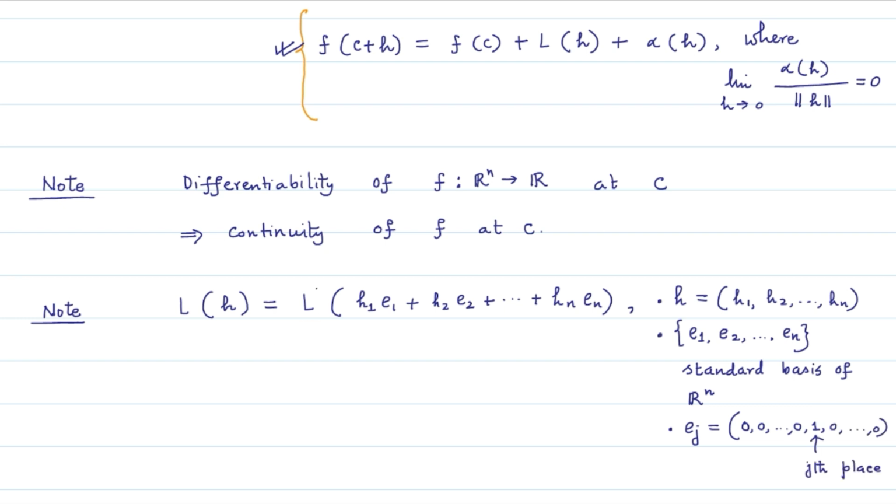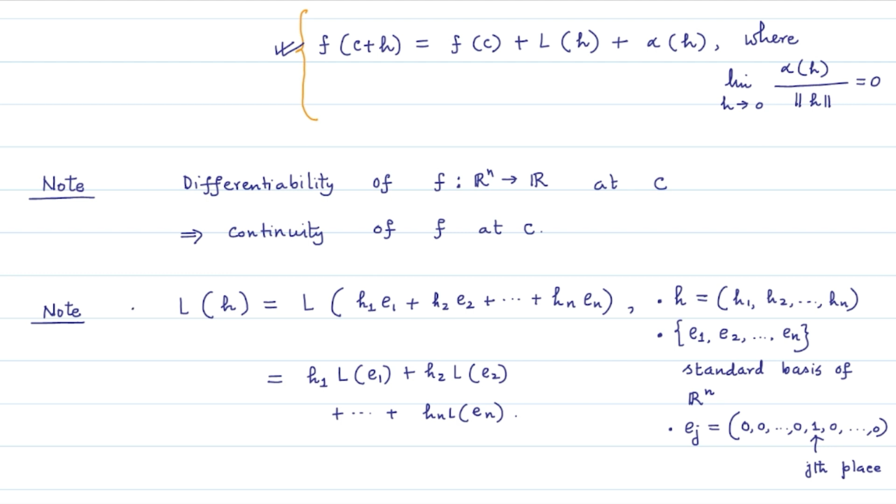Now as the function capital L is a linear function, we have this expression identical to h1 times L at E1 plus h2 times L at E2 plus so on, hn times L of En.